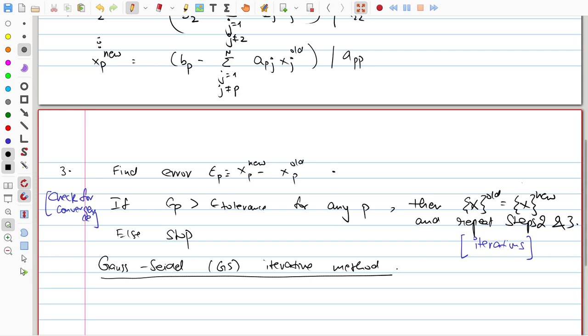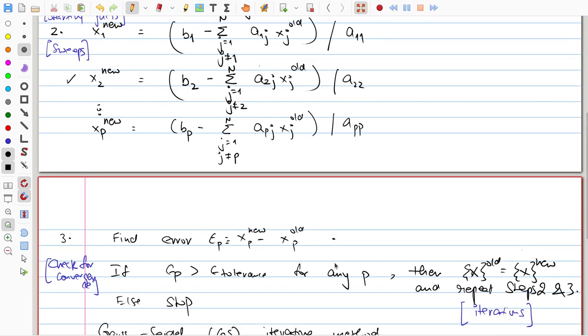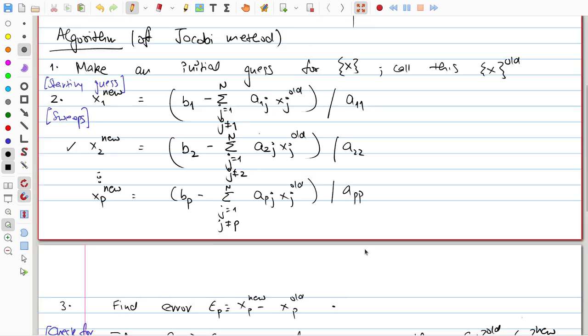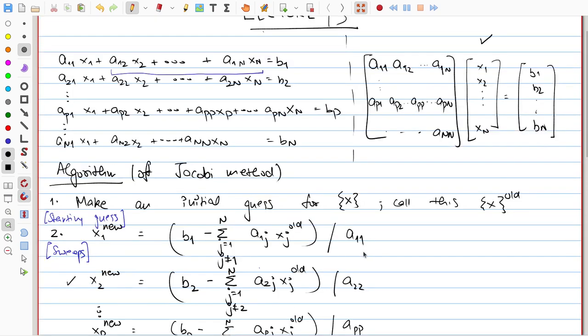The difference between Gauss Seidel and Jacobi is in step number 2, when you are calculating the new values of x. So let's discuss it first and then write it.